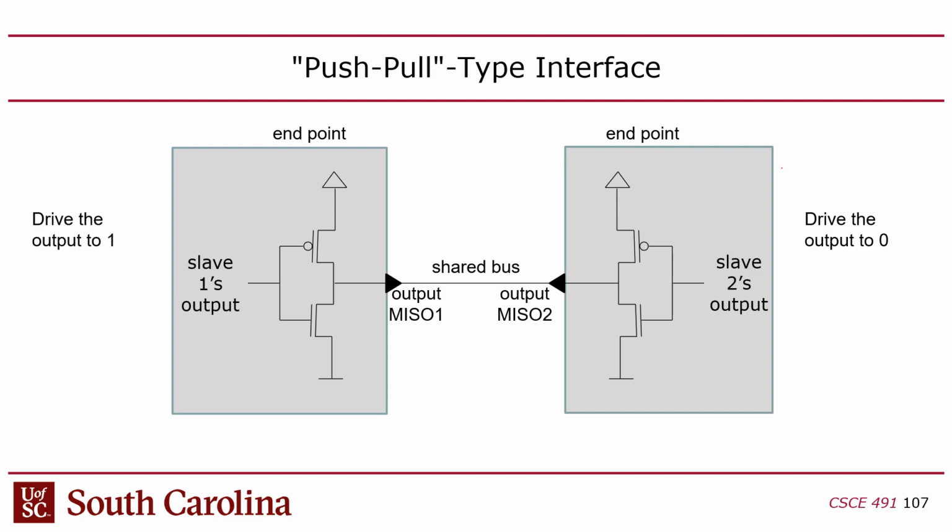The output is connected to both a transistor that's capable of shorting the output to VDD and another transistor that's capable of shorting the output to ground. But because one's an NMOS and one's a PMOS, they're activated on different logic levels. So only one of them can be active at a time. Only one of these things will be turned on at a time.